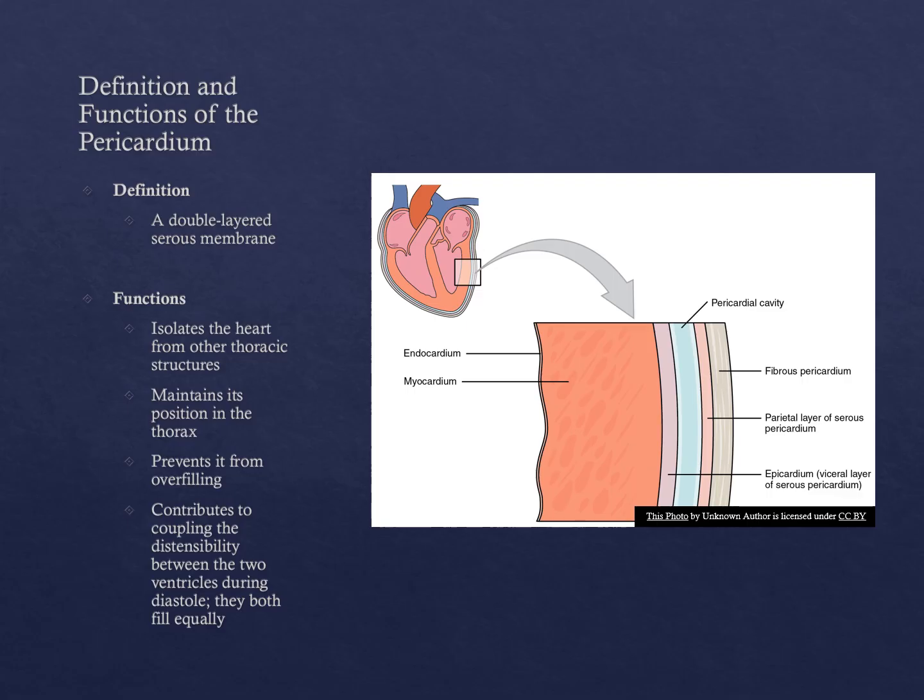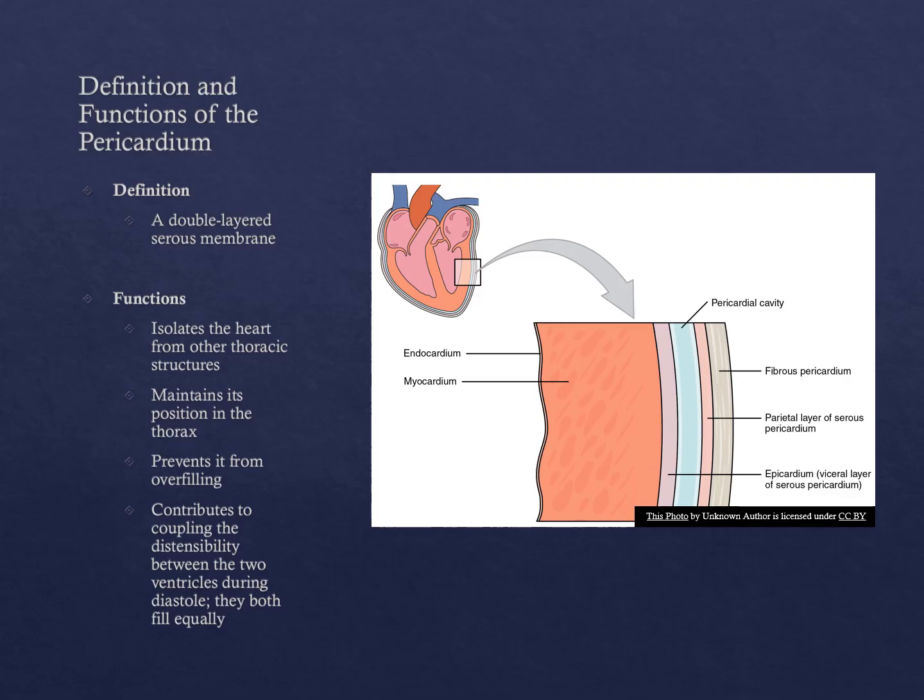And it has serous fluid in it that helps to lubricate and prevent those layers from rubbing together while the heart expands and contracts. So normally, there's this fluid-filled cavity that helps to lubricate and facilitate movement of the myocardium.